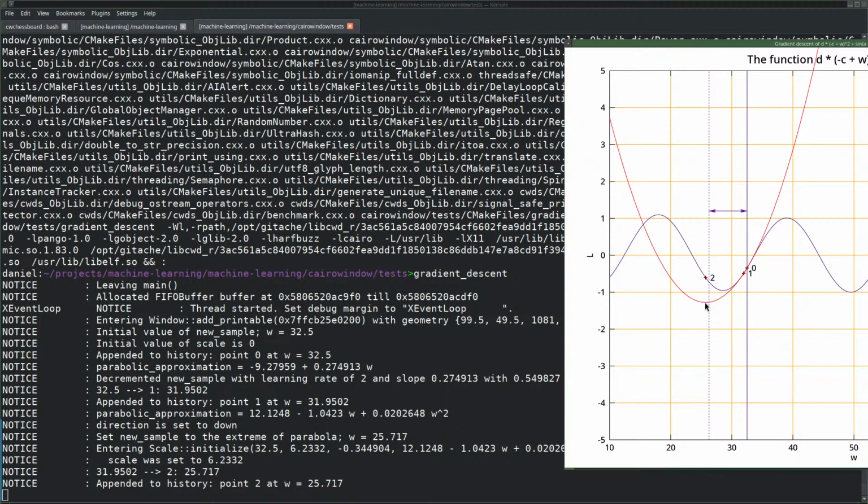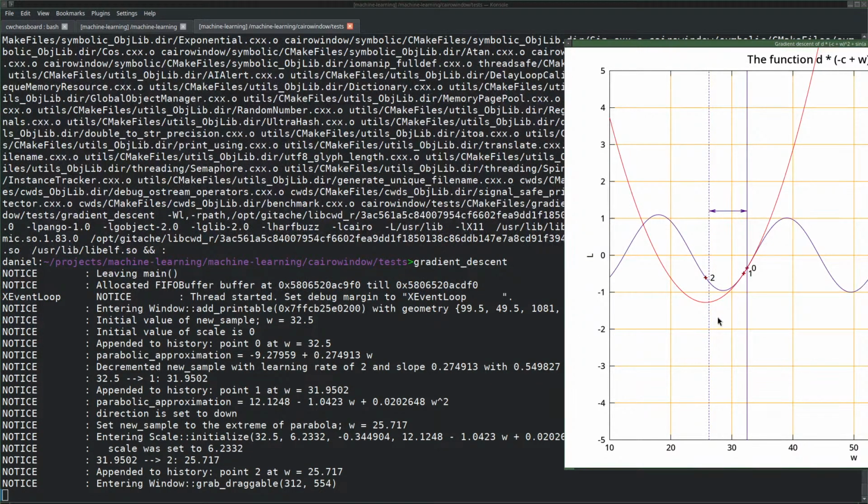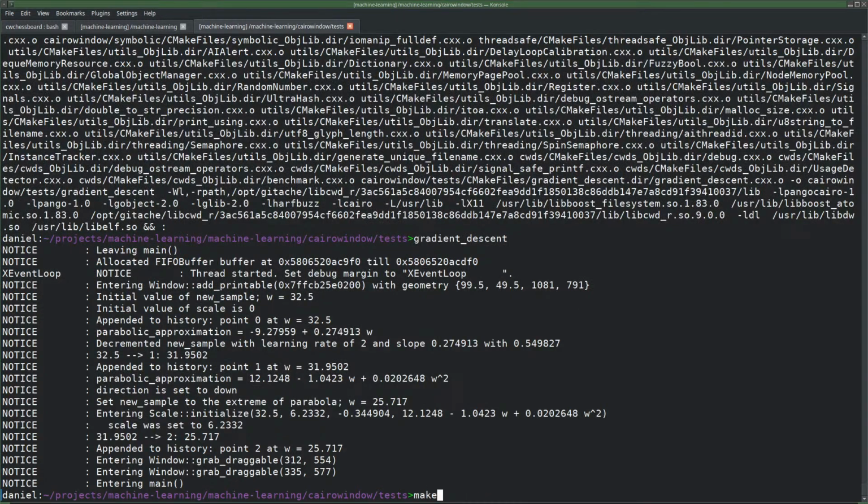Maybe we should calculate the vertex again. Or is this some silly? No, it does not look silly. Okay, let's calculate the vertex.